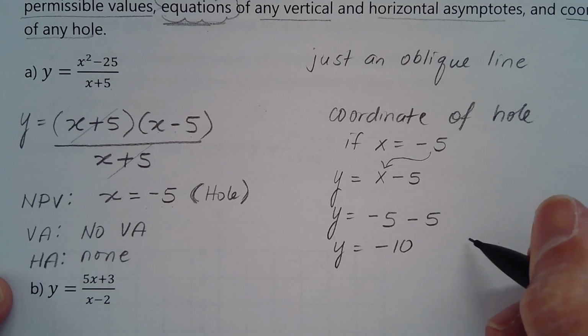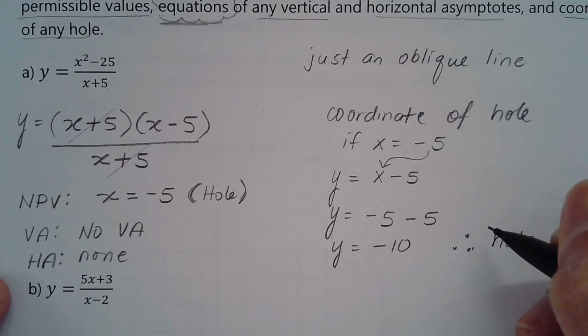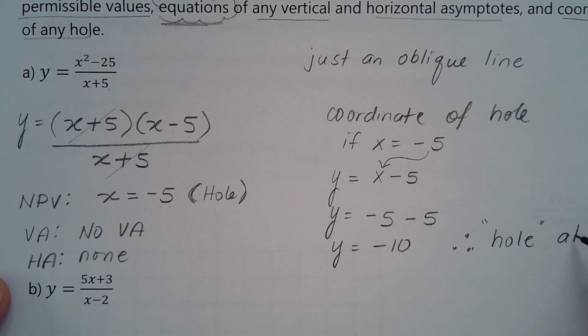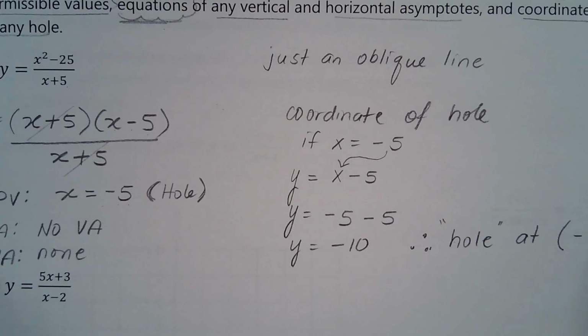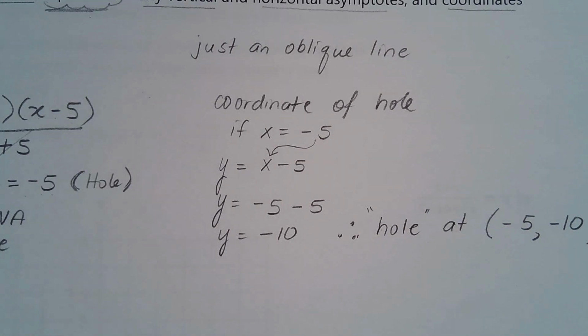So therefore, the hole is at -5 for the x and -10 for the y. At this particular point, we're not graphing right now. We're just figuring out the different characteristics of it. Okay? Is that okay?